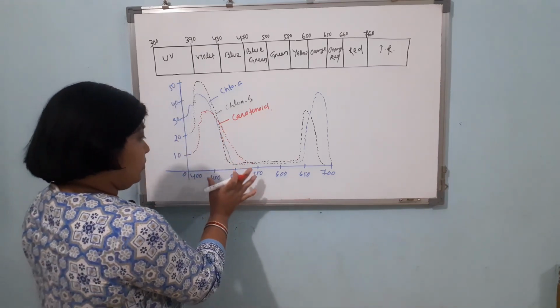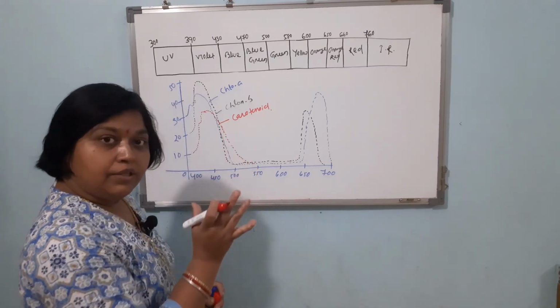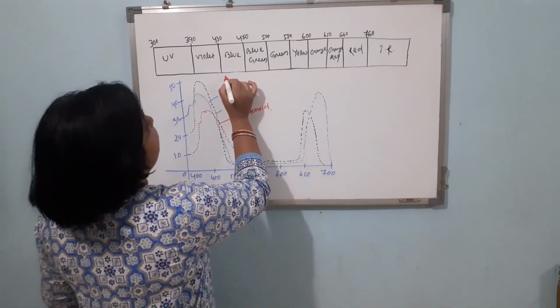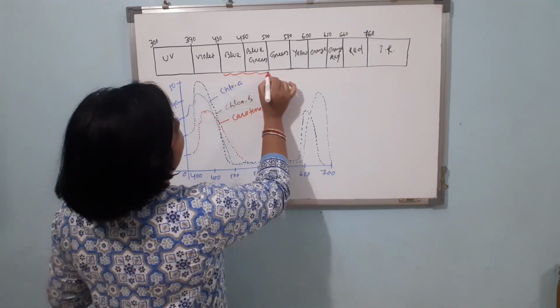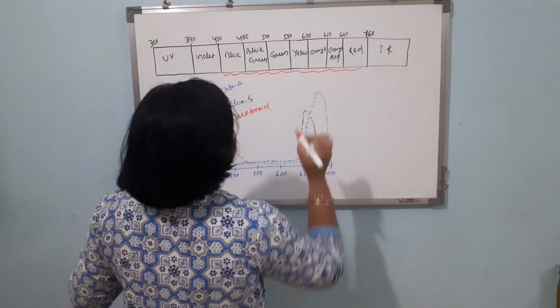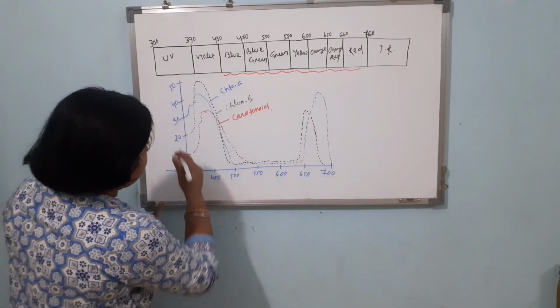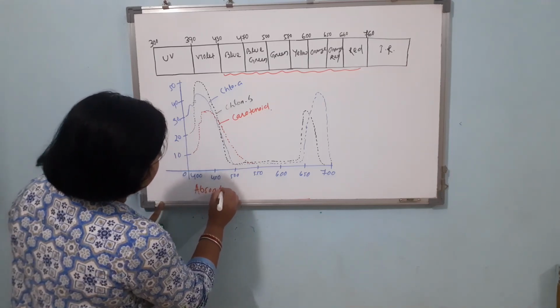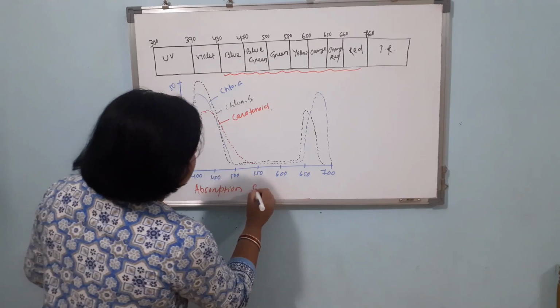And this wavelength of light lies between blue color and red color. This is known as the absorption spectrum.